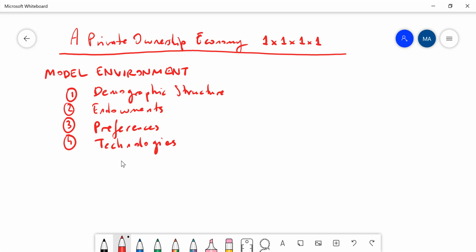Then notice one thing. Remember the foundations of the general equilibrium theory: methodological individualism and methodological instrumentalism, right? So once we create these individuals, we go to the individual level, right? These are people. Then, of course, we have to define objectives for them.